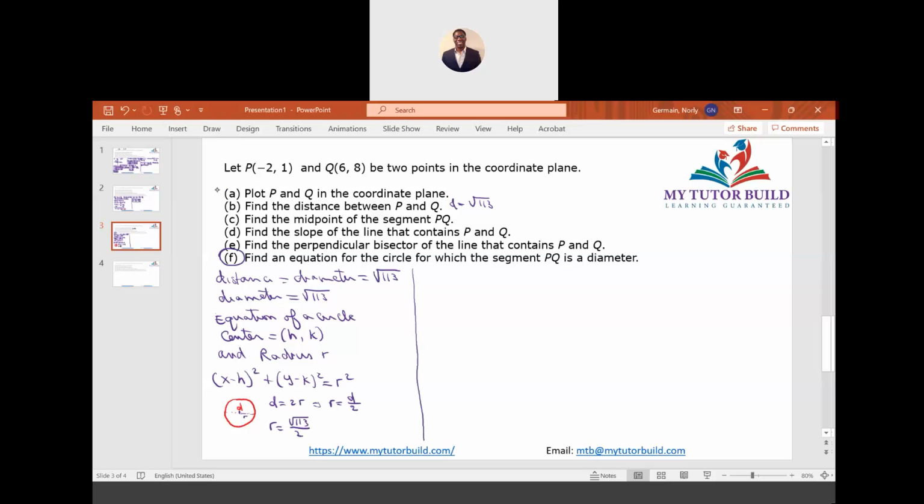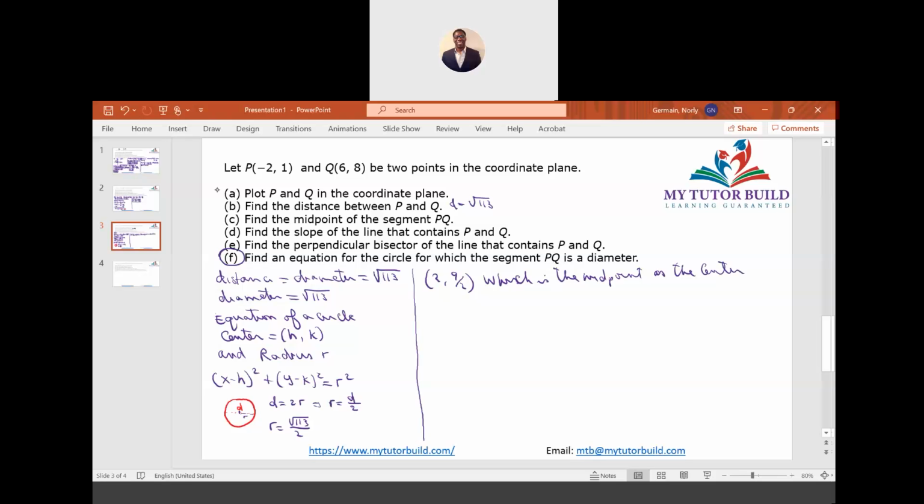In order to find the equation of a circle for the segment, we're going to use the midpoint of the line segment. We consider the midpoint of the line segment, which is (2, 9/2), as the center of the circle.